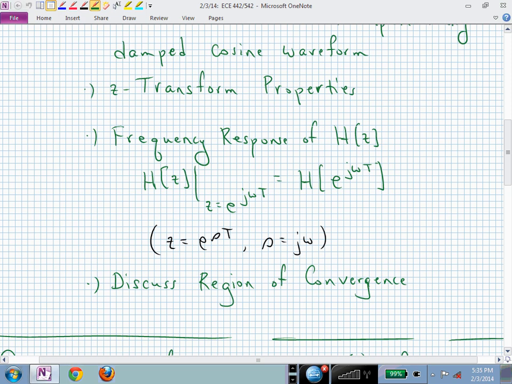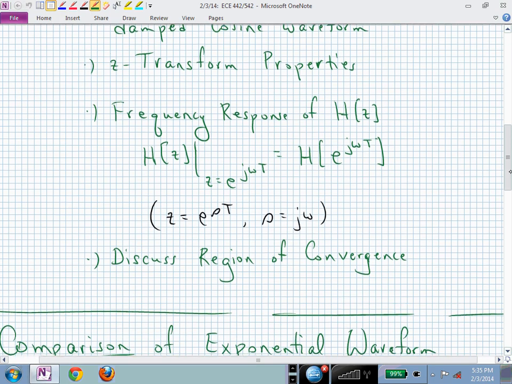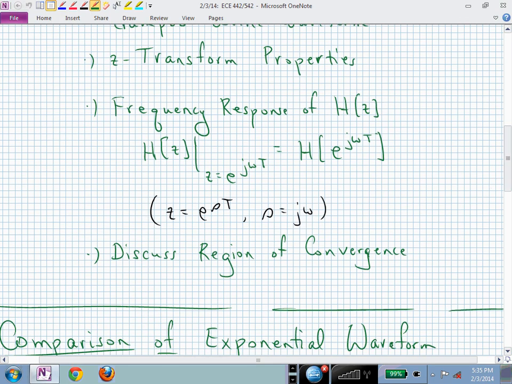That now translates into H replacing z everywhere with this e to the j omega T. Now it looks a little ugly, but we could actually do that graphically also in the Z-plane, like we've done for the continuous time case. And if we get there, we will talk a little bit more about the region of convergence.